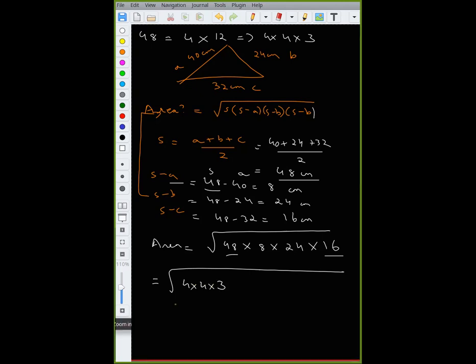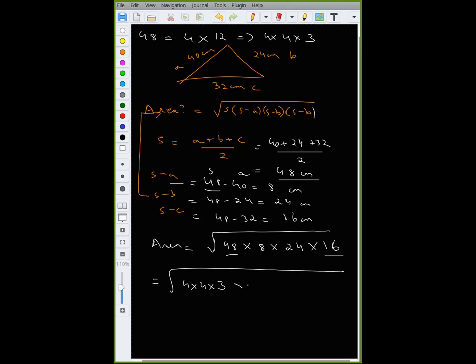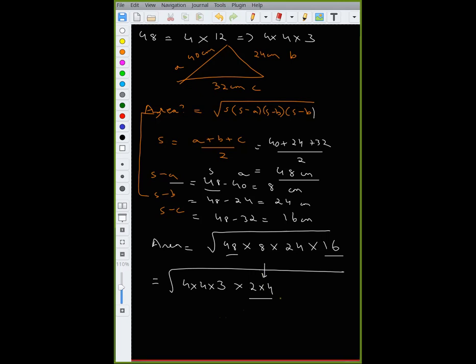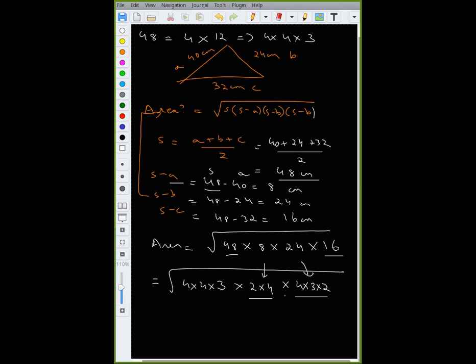Clear? 8, I can write as 2 into 4. 24 again, I can write as 4 into 3 into 2, because it is 4 into 6, and 6 I can write as 3 into 2. And 16 I can leave as 16 because 16 is a perfect square. Yes or no?